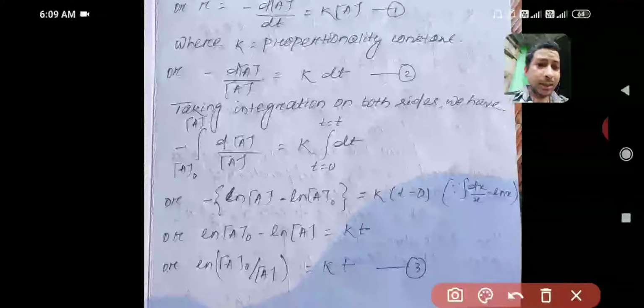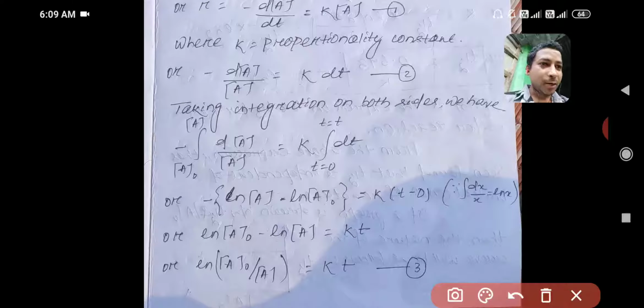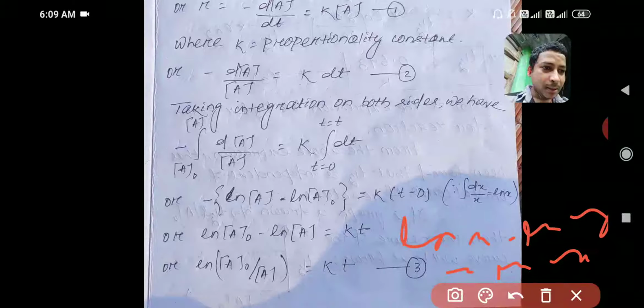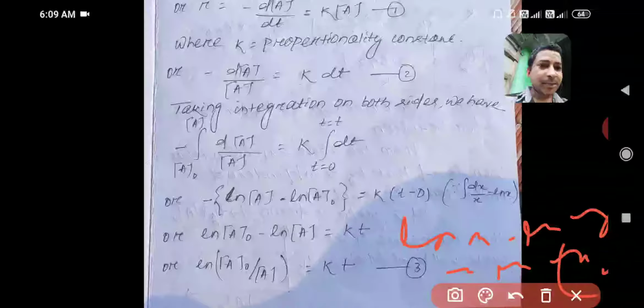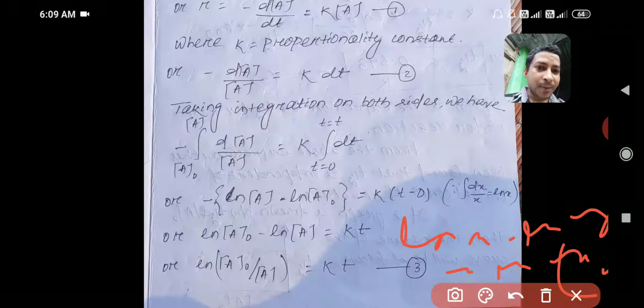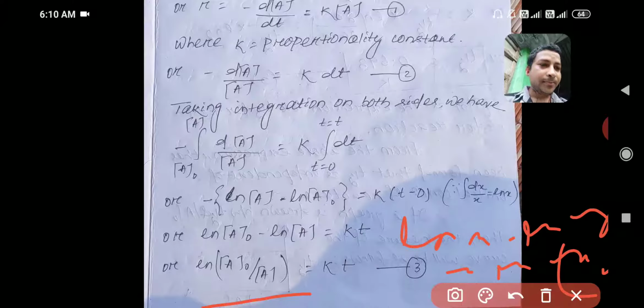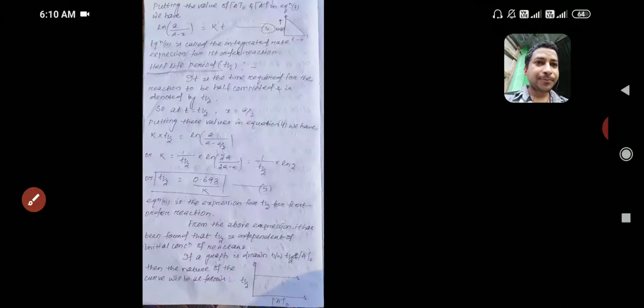The formula for ln x minus ln y is ln x by y. So we can write this as ln a0 by a is equal to Kt.